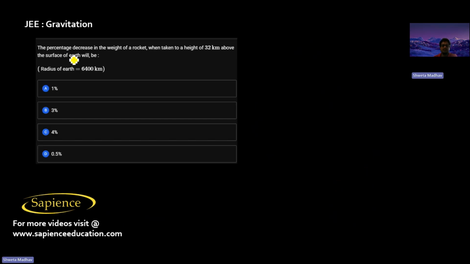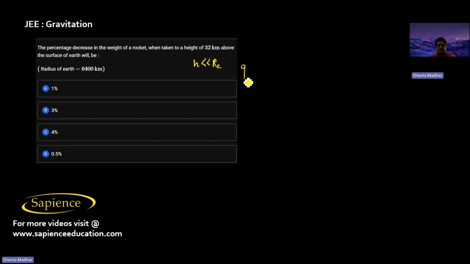Then it is told the percentage decrease in the weight of a rocket when taken to a height of 32 kilometer above the surface of the Earth will be. So the 32 kilometer means it is r by 200. So this height is extremely small compared to the radius of the Earth.